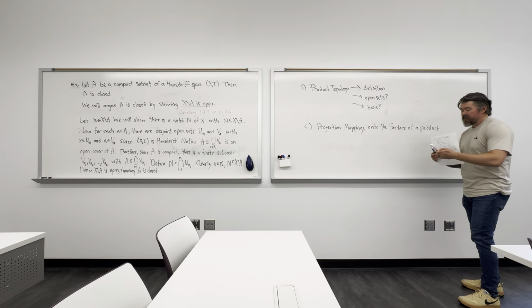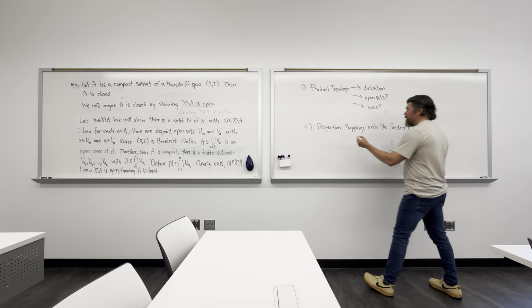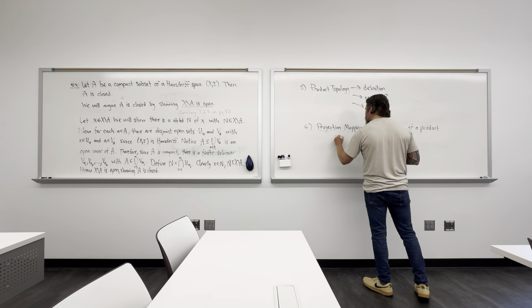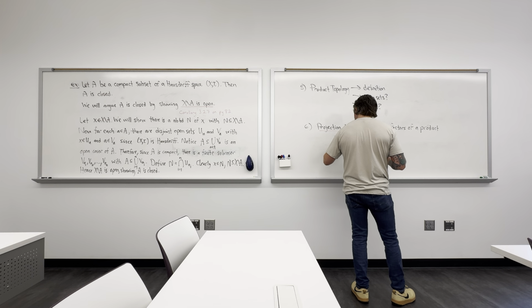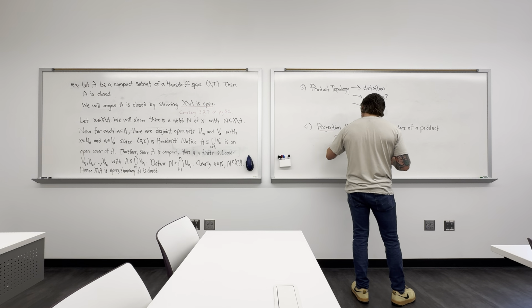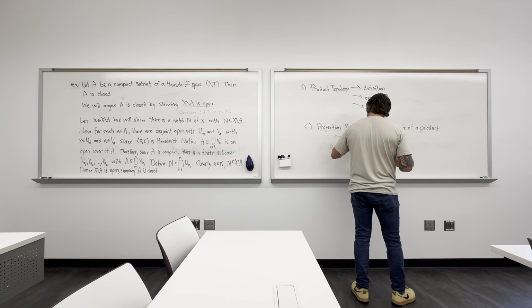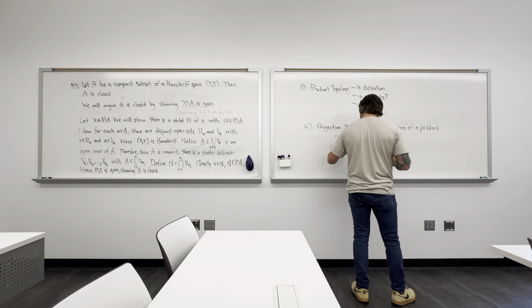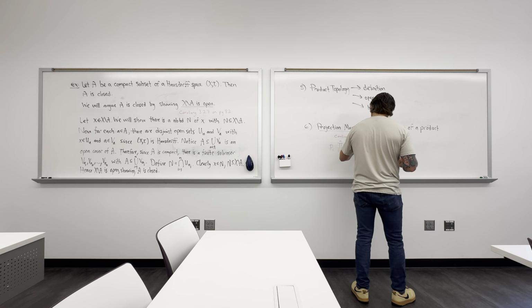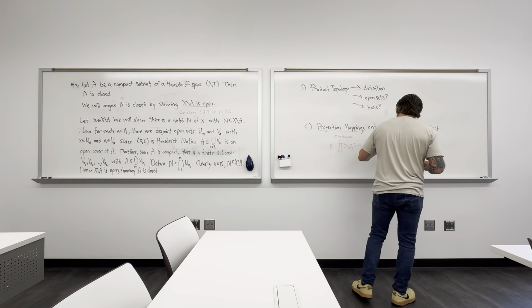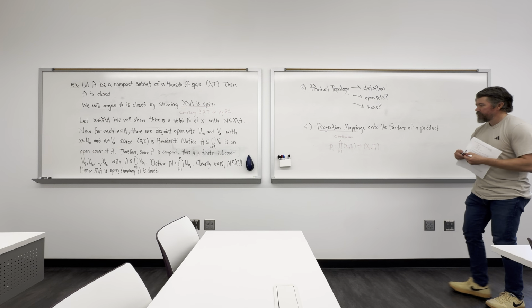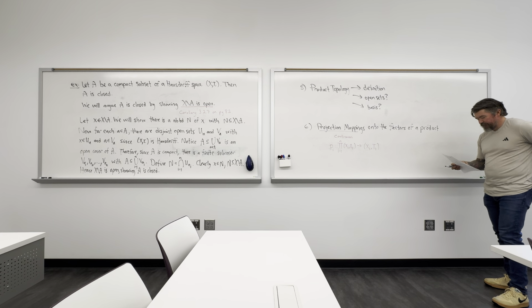All right, we use these a couple times here. These are continuous. Remember, these were our pi's, which went from the product space to the factor. These are all continuous.